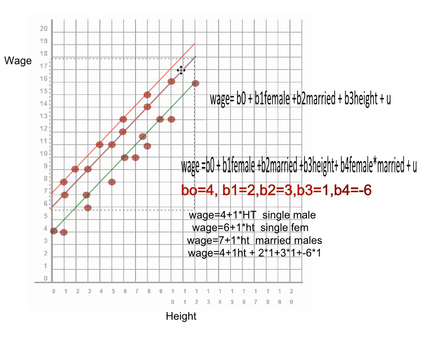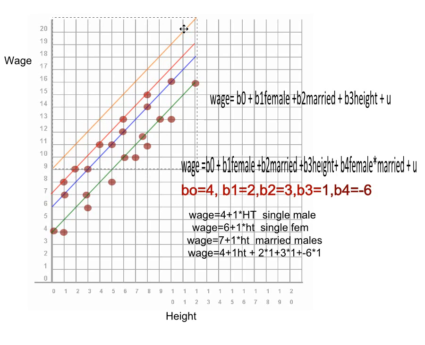But they're not just a single female, they're also married. What's the slope coefficient for married? Well, it's 3. And so because this person's female, we add in 2 to this y-intercept. Because they're married, we add in another 3, bringing them up about here, right? But that's not right. That's not what our data says. Married females aren't just people who happen to be female and also happen to be married.